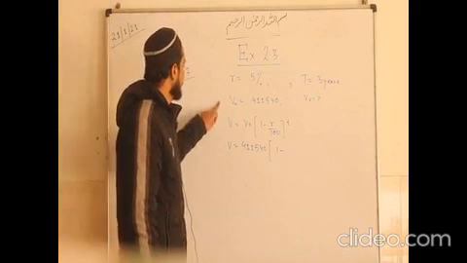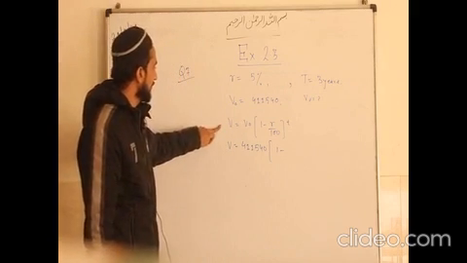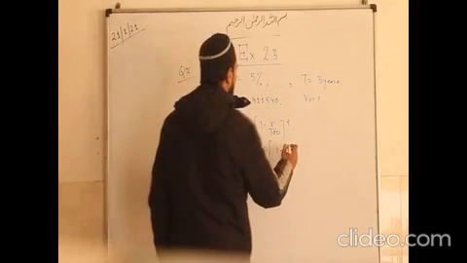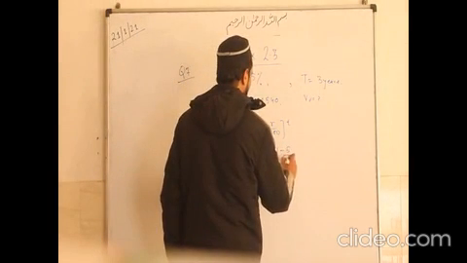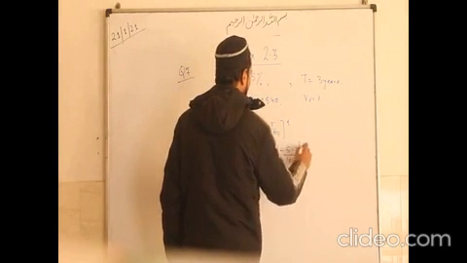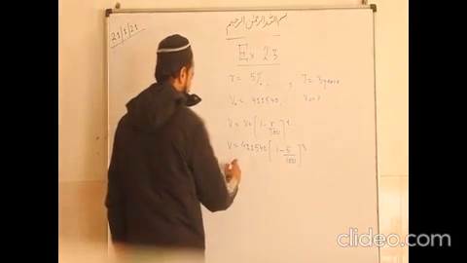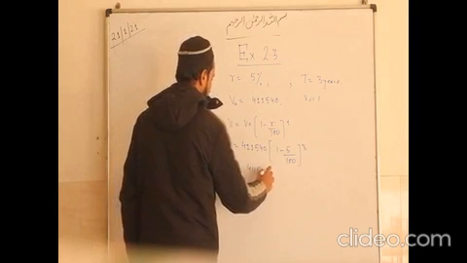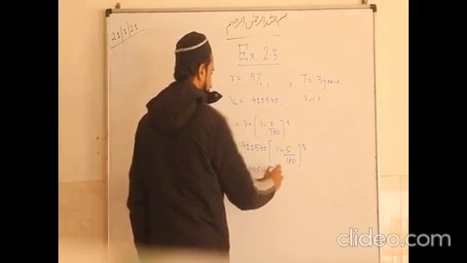Okay, so this is the present value. We are finding this. This is 5%. Time is 3 years. So we can solve this.